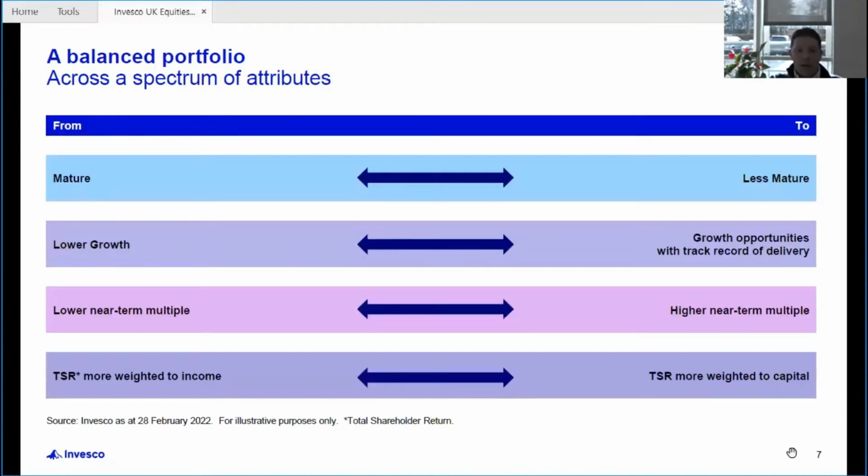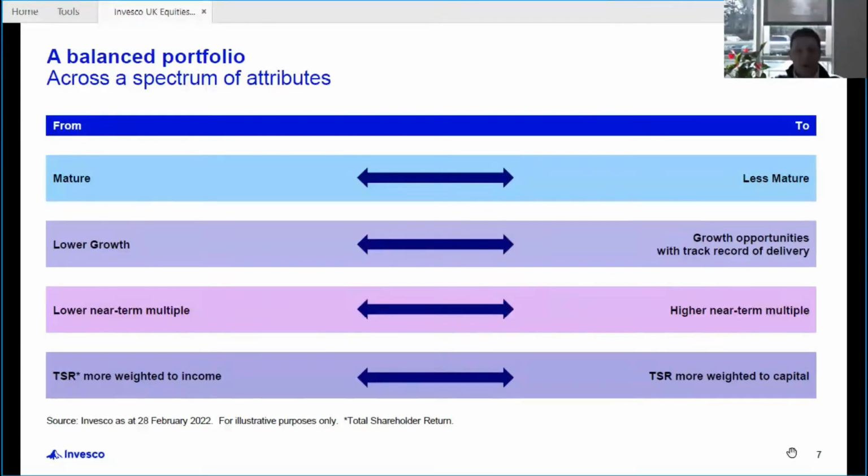So the objective of the trust and the board's approach to dividends have enabled us to construct a portfolio that we think is balanced in a number of ways. So to bring that to life, on the left-hand side of this slide, we hold shares in companies like BAT and Vodafone, lower growth companies, the ones that pay significant dividends today.